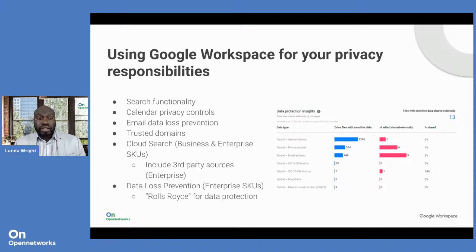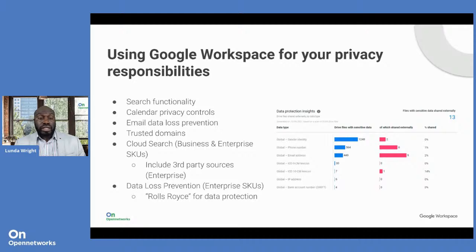Functionality that exists with every Google Workspace license is email data loss prevention. This means that you can request your system administrators to put in certain rules to make sure that certain information is not shared via email.